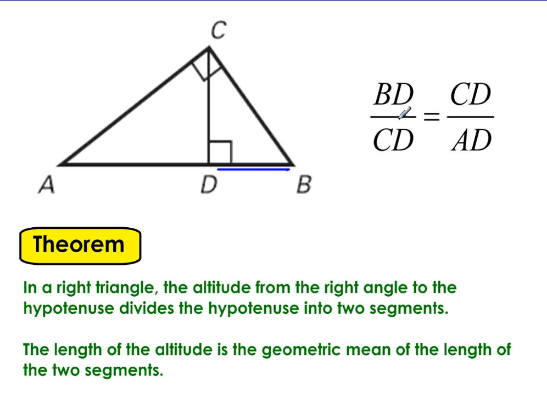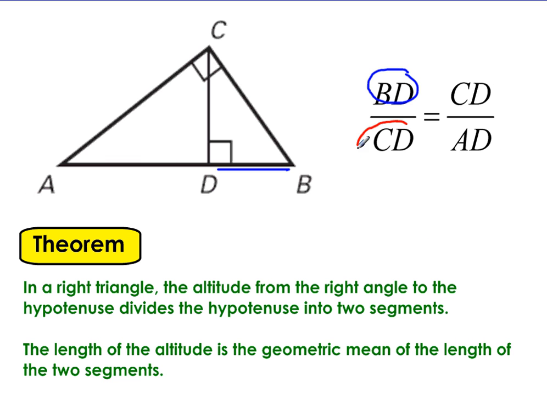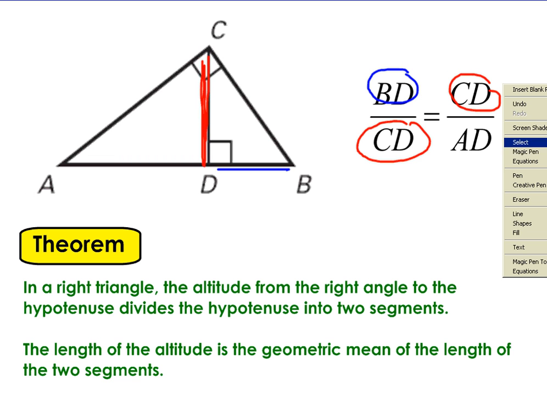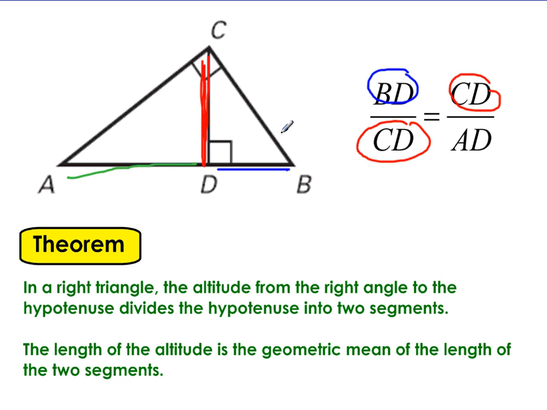I have BD, which is here, and then I have CD, which notice that this is the piece that they're mentioning that's dividing this up. And we also have AD. So anytime you are given these 3 lengths and needing to solve for one of them, you can use the geometric mean for it.